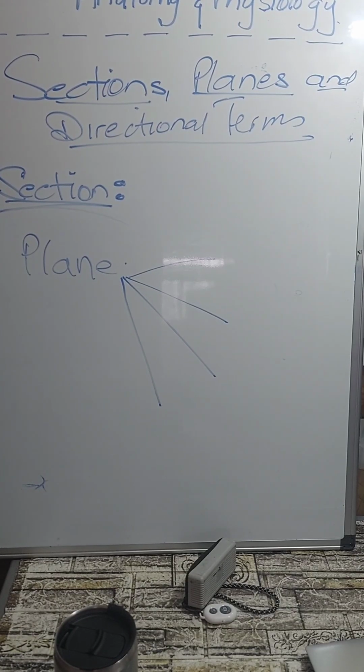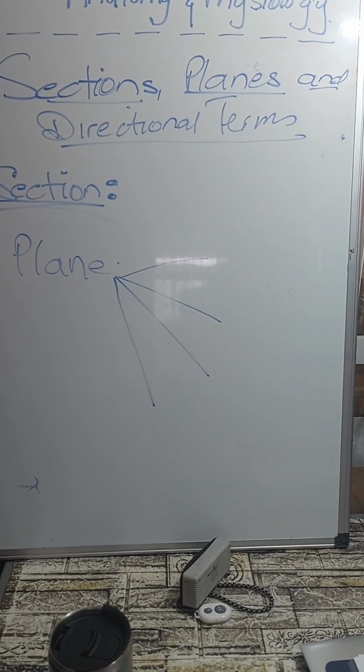So planes are imaginary flat surfaces passing through an organ of the body. So it's an imaginary flat surface, like a piece of paper going through, or a light, going through the body. So you have different types of planes, imaginary cut surfaces.